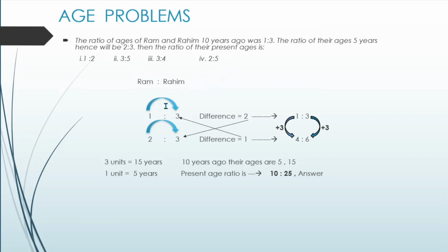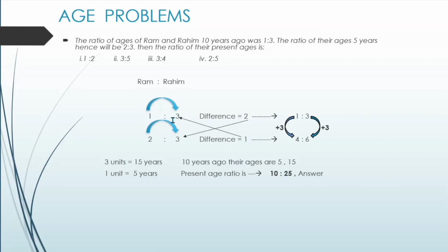What you are going to do here is to note down the ratios the question has given you, 1 is to 3 and 2 is to 3. You are going to find the difference between the two, for Ram and Rahim, 1 is to 3 and 2 is to 3. After noting down the difference, you are going to multiply those crossways.